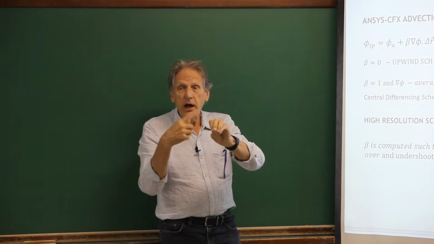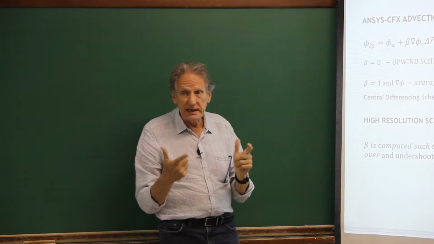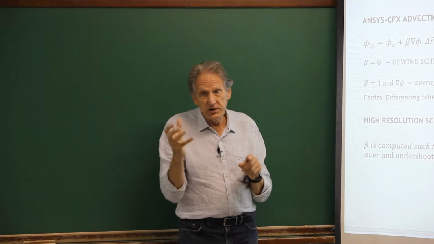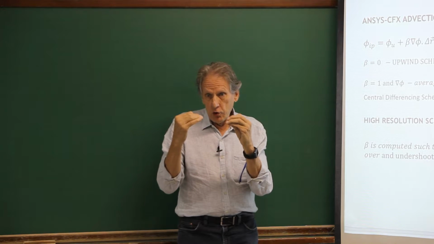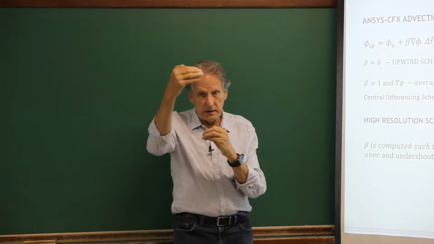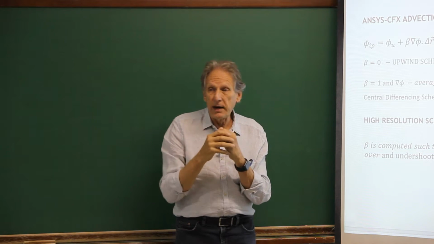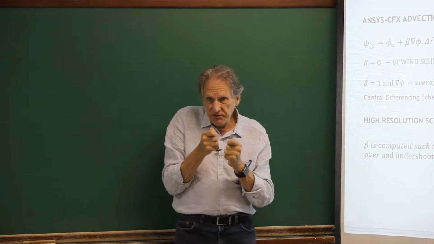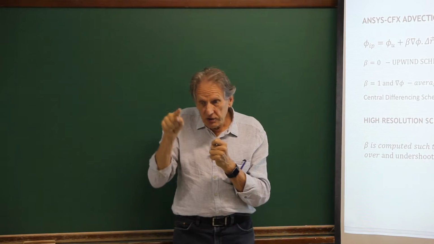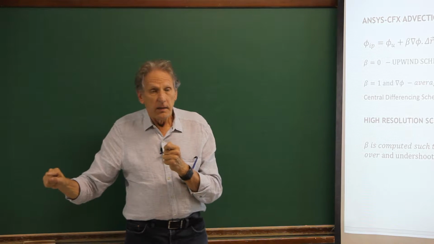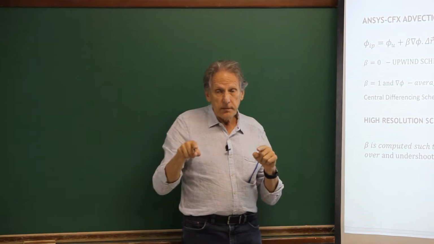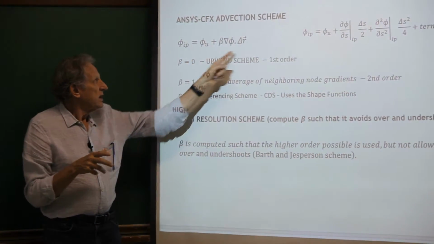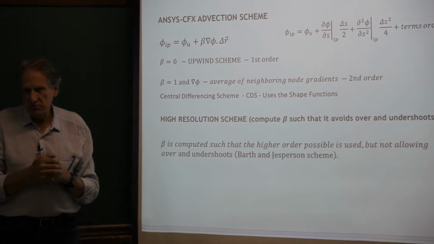And then they calculated the beta such that it's not allowing the phi, the function, to go lower than the minimum and more than the maximum value. So it's a scheme which tries to prevent numerical oscillation and also positive coefficients with this, let's say, simple scheme.